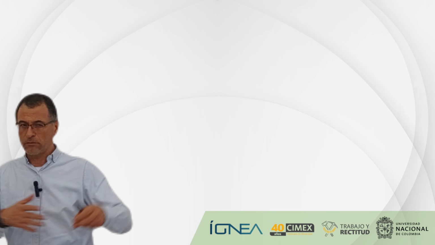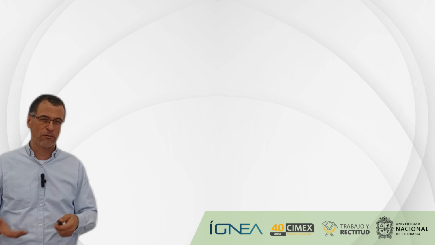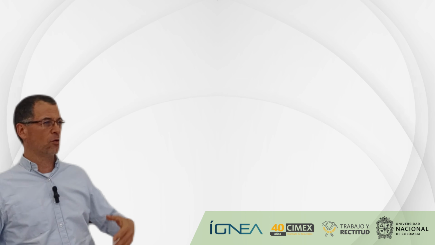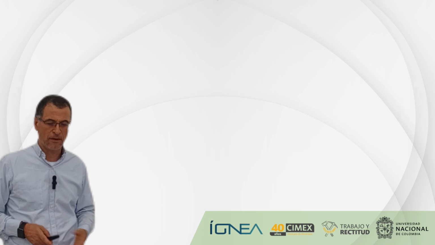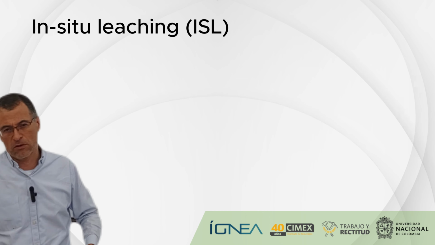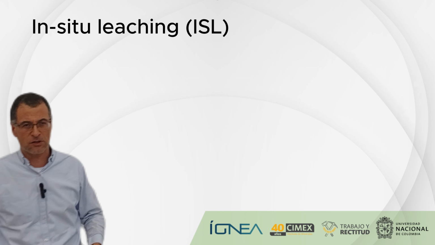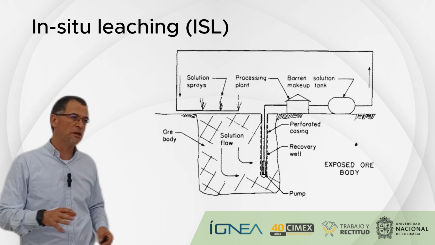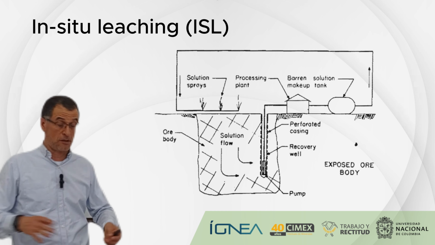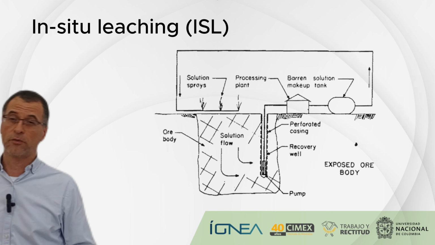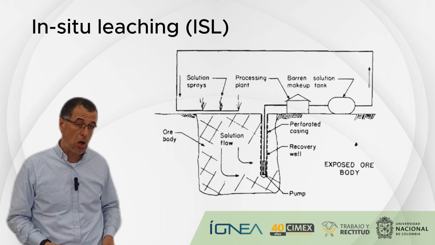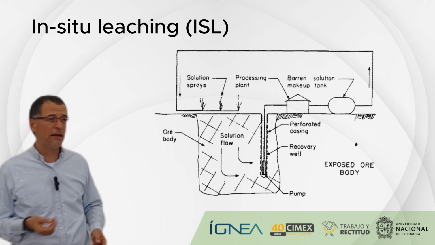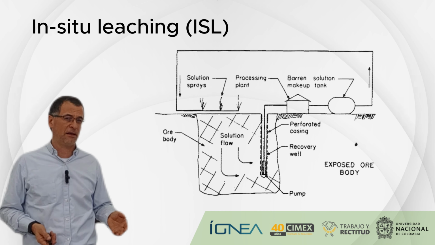Now, I'm going to show you different kinds of methods that exist in order to carry out the leaching process. The first, and the easiest, least complex method is in situ leaching. In situ leaching is a very common method to obtain, for instance, uranium, copper, or some special metals. It is really easy.